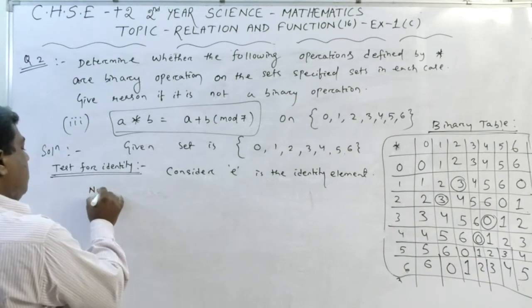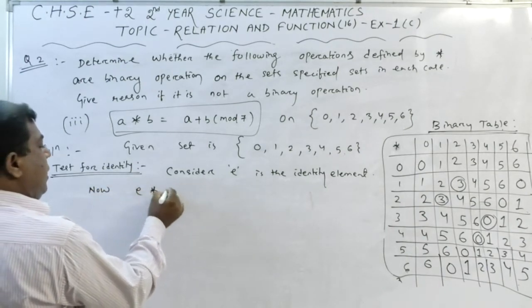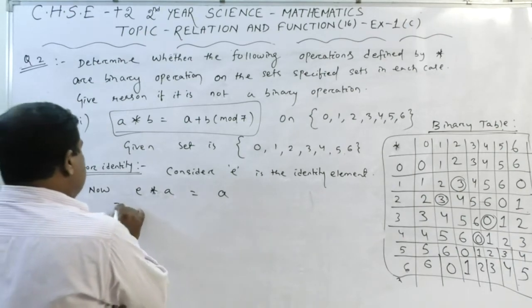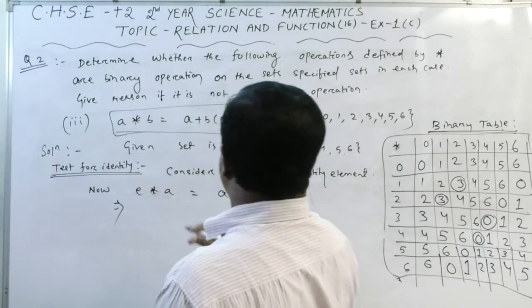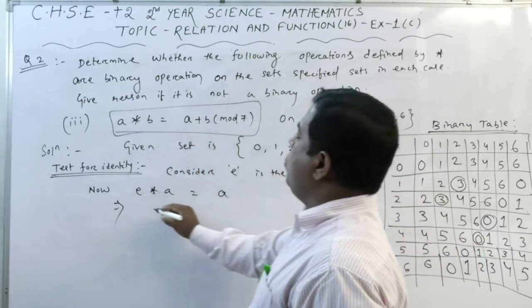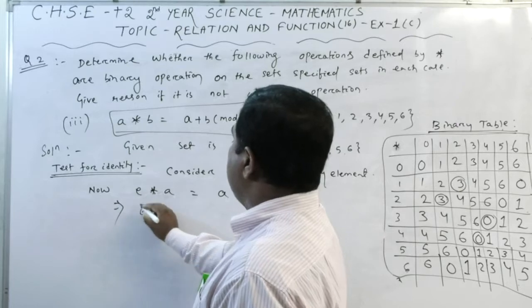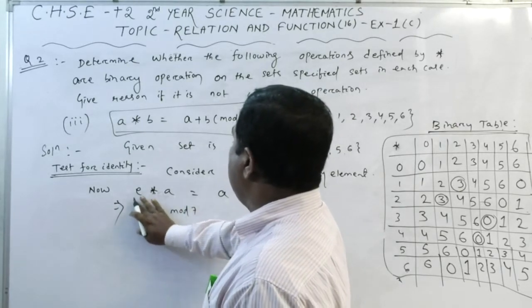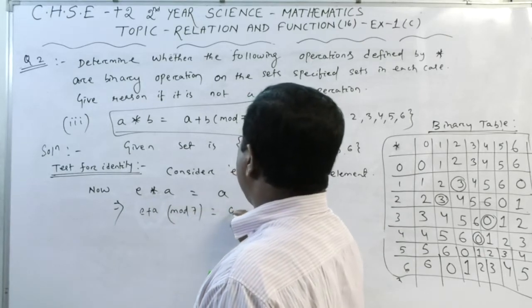Now, E star A, what does it mean? It is equal to A. That implies, and what is E star A? As it is defined, E plus A modulo 7, which I can say is equal to A.